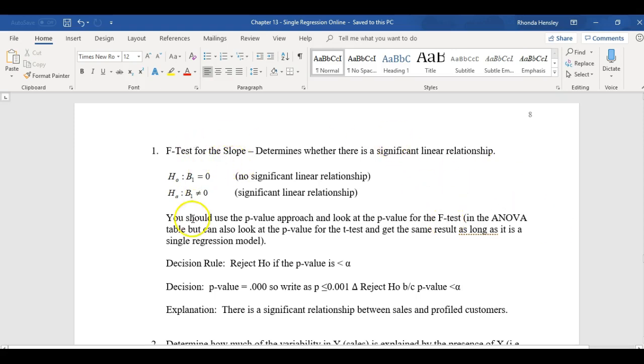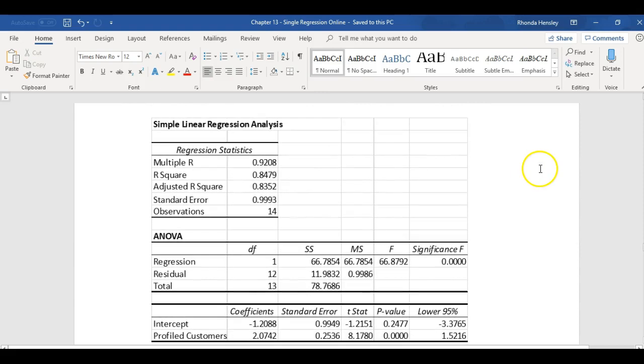So when we do our hypothesis, we write our null hypothesis as a slope, which we call B1 equals 0, which says that there's no significant linear relationship. And then our alternative is that our slope is not equal to 0. And this suggests there is a significant linear relationship. The place you get your p-value from is up here in your regression statistics.